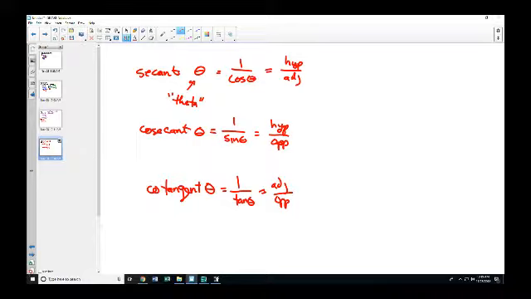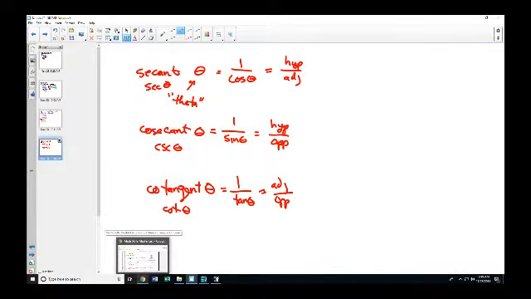If you want to write these shorthand, you can. Will we see them written like that? They will be written with the abbreviations.